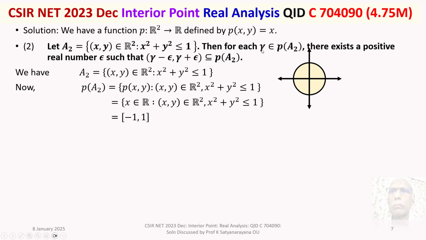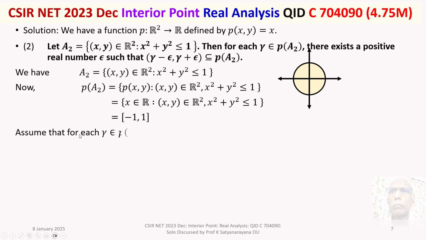Now, is it true for each gamma belongs to P of A2? Does there exist a neighborhood which is entirely contained in P of A2, that is -1 to +1 closed interval? No. Because 1 belongs to P of A2, we cannot find an epsilon greater than 0 such that 1 minus epsilon to 1 plus epsilon is entirely contained in -1 to +1. It's not possible for any epsilon greater than 0.